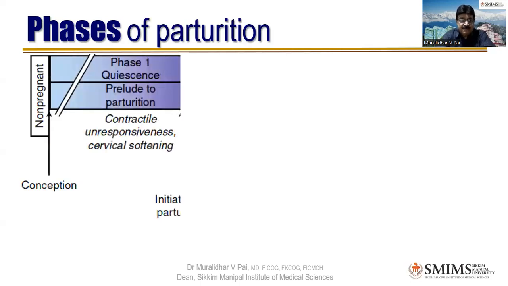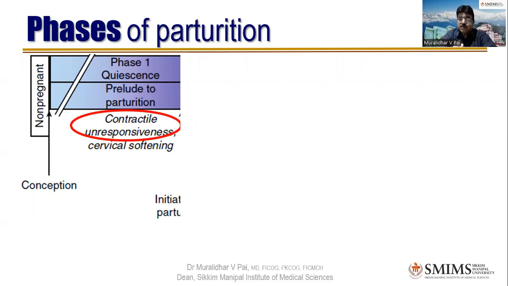The first phase is a phase of quiescence. It is prelude to parturition. In fact, it starts from the conception up to almost 9 months of pregnancy, throughout pregnancy, or 40 weeks of pregnancy. We can call this a phase of contractile unresponsiveness, where the uterus does not normally respond to any stimulus, including the uterotonics.